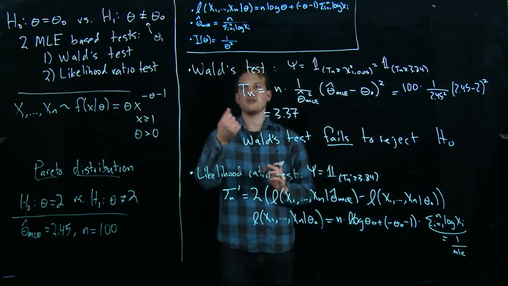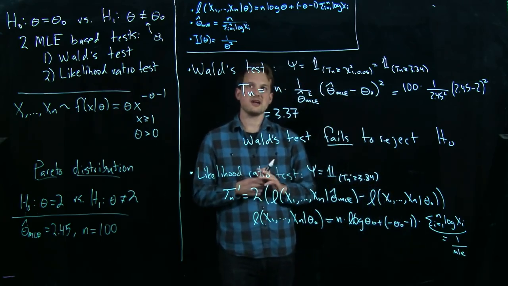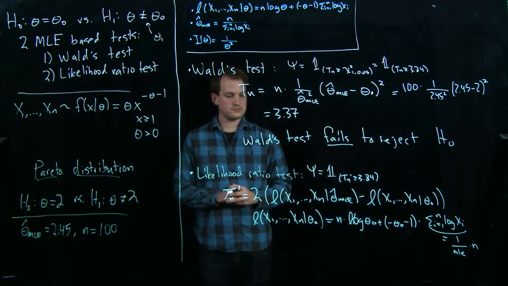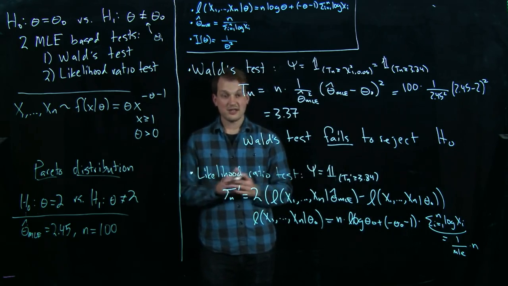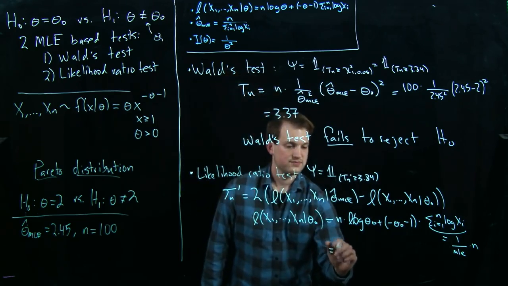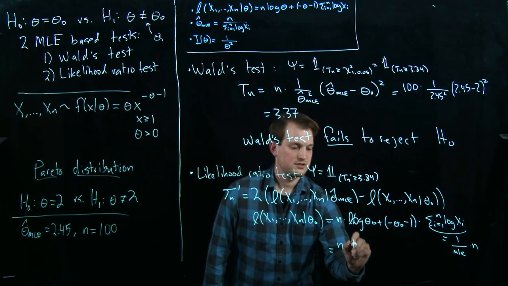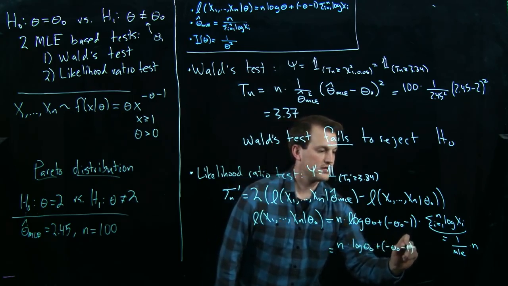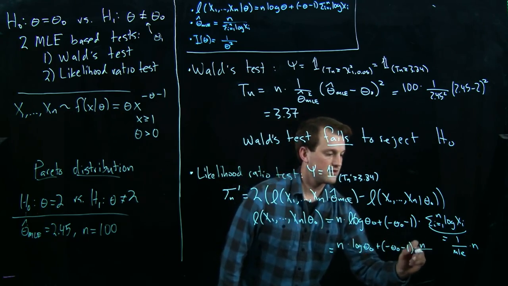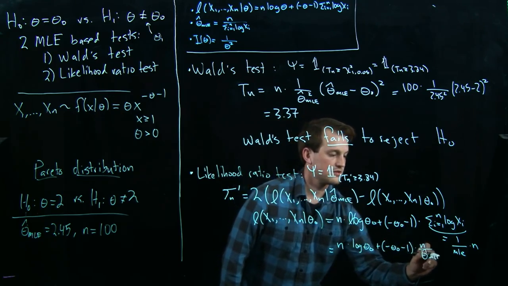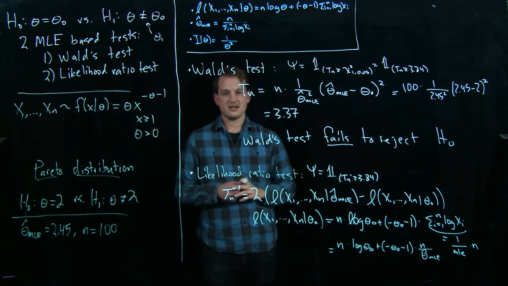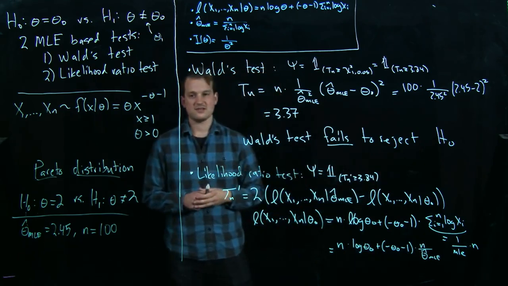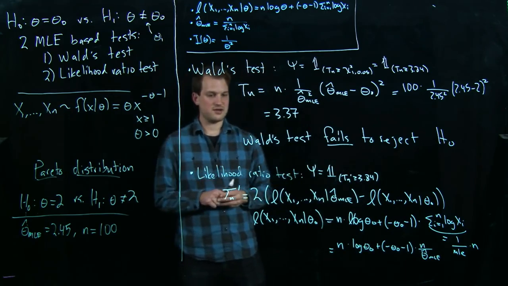So now we can plug in values. This equals n times log theta naught, minus theta naught minus 1 times n over theta hat MLE. Whether you're looking at the likelihood of the MLE or theta naught, any value can be plugged in here.